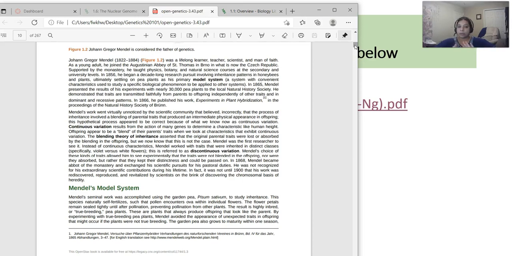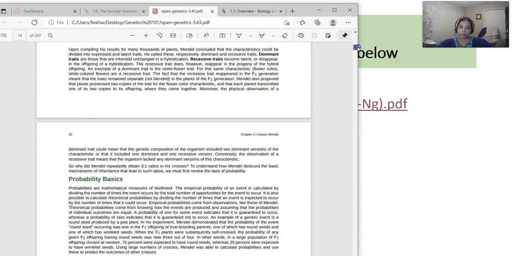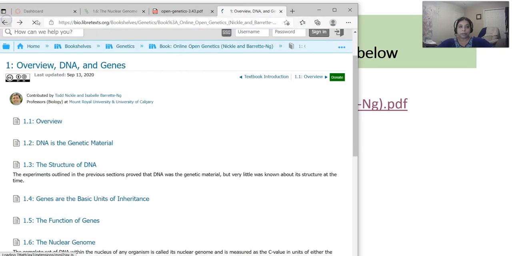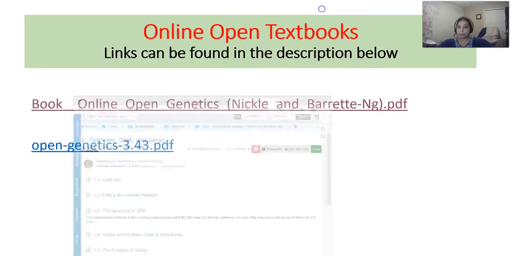So this is the one that we're going to be working with more as we go further into genetics and as we begin to understand the different topics within it, and we begin to work with actual problem sets and actual theories behind different topics. That's the one that we're going to be working with a little bit later in the semester. So in the beginning, we're going to be focusing more on this first book by Nickele and Barrette. So those are the textbooks that we are going to be working with.